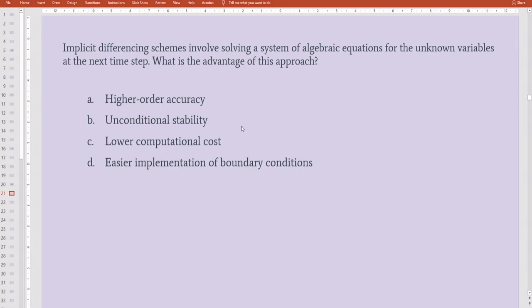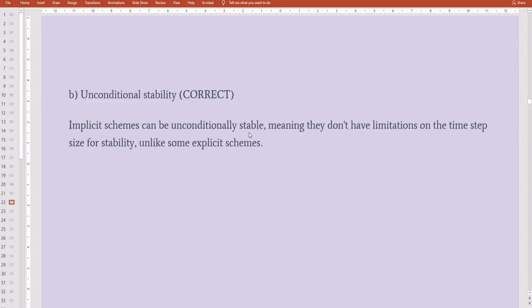No, it's not lower computational cost. Actually, it is unconditional stability. Like we have discussed the difference between the central difference scheme and the upwind scheme, here also these implicit schemes are best suited to directional schemes, that is upwind or downwind schemes.